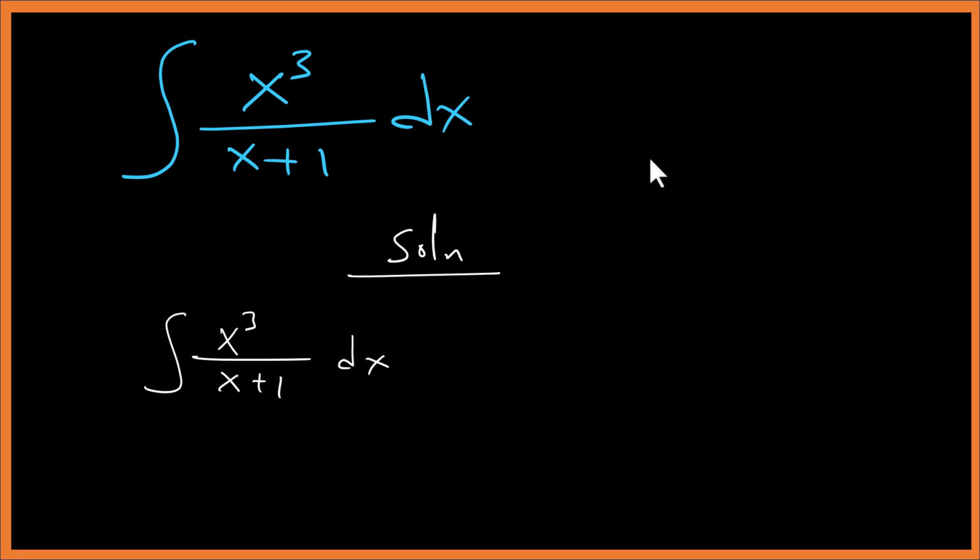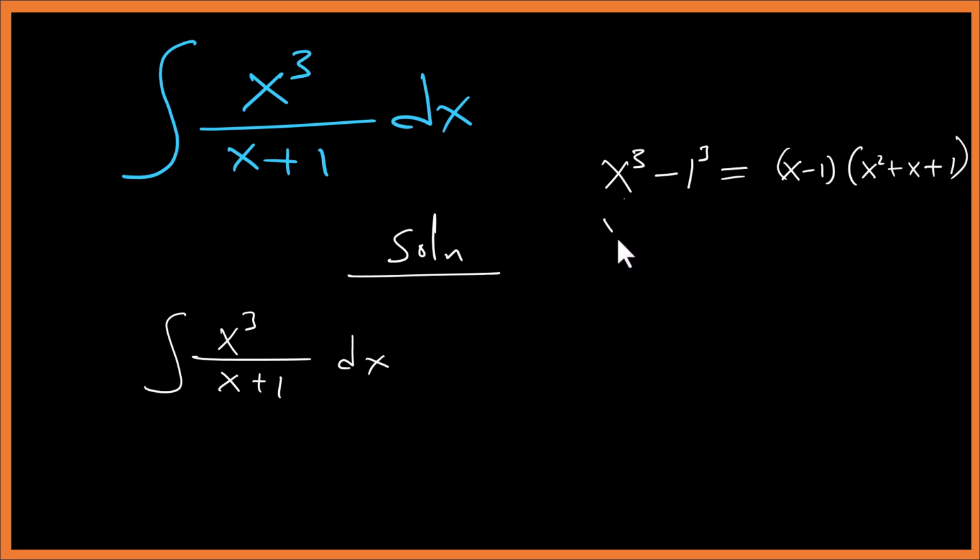Now let's understand what is meant by the sum and difference of cubes. When you're given x cubed minus 1 cubed, it is the same as x minus 1 times x squared plus the product of this and that, plus 1 squared, so that is 1.